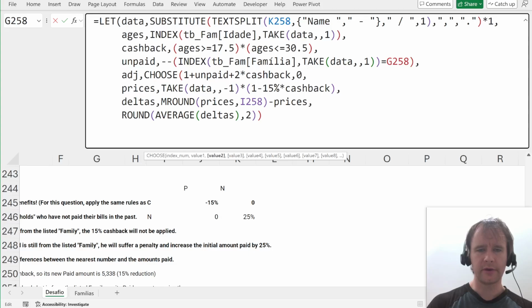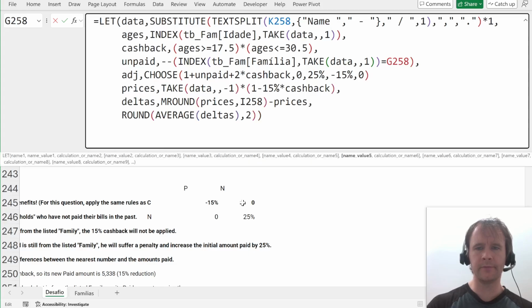Then to add 1 to that, it's your unpaid, but you're not cashback. So that's 25%. Then if you got a 0 there and a 1 there, that means you're cashback, but not unpaid. So that is this one, minus 15%.